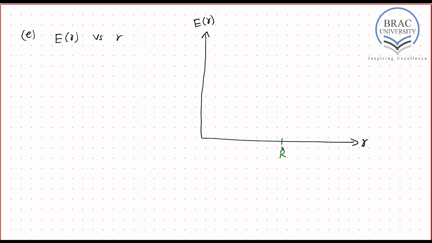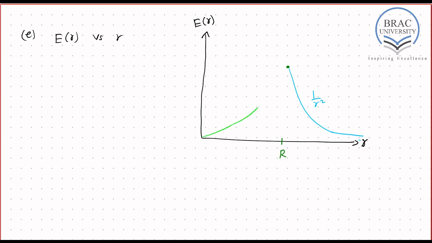Okay. So at this point, at r equals R, we know the electric field will be maximum from our lecture videos, and if the radius small r is greater than big R, then the electric field will follow the 1 over r squared law, the inverse square law basically. So just like this. And if small r is less than big R, the electric field in this case will be like this.